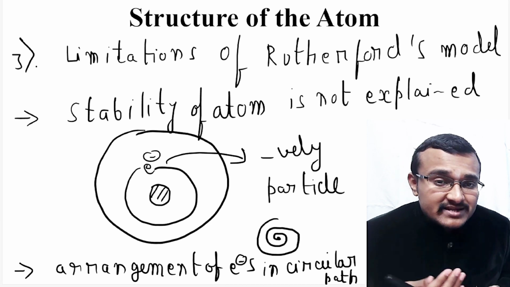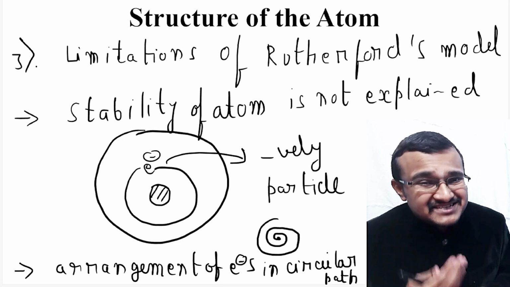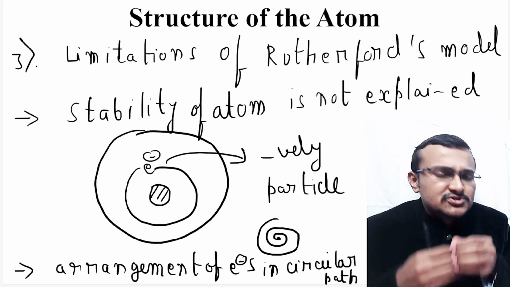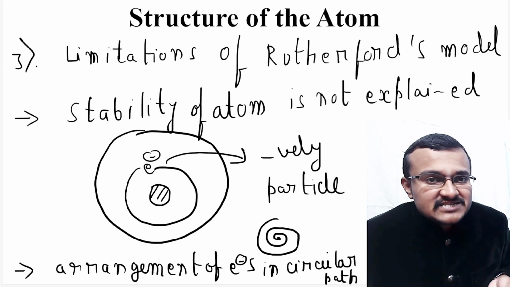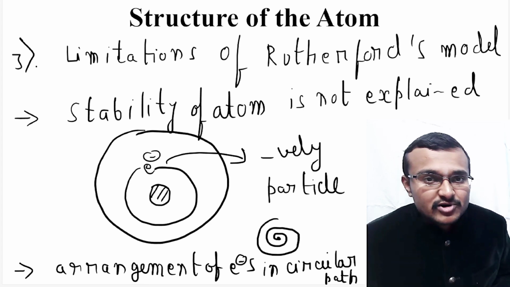So these two are the major limitations of Rutherford's model. Even the energy levels of electrons are not explained in Rutherford's model. There are still many other limitations as well, and you can also search for other limitations of Rutherford's atomic model.